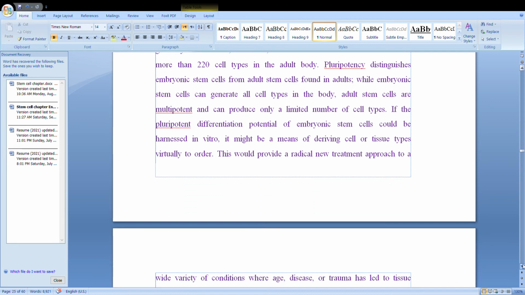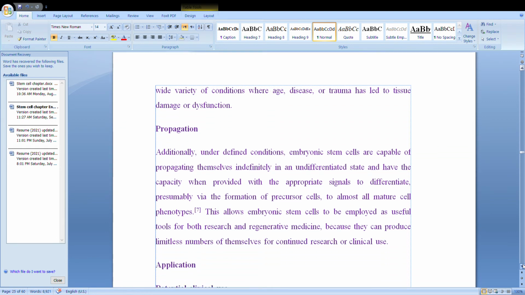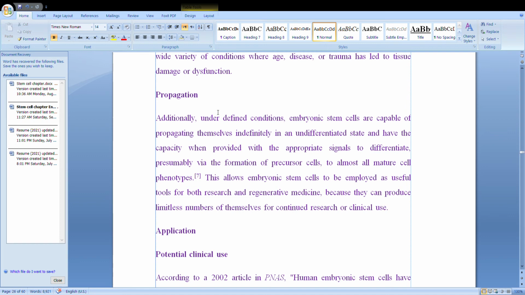Let's move to another topic, propagation.